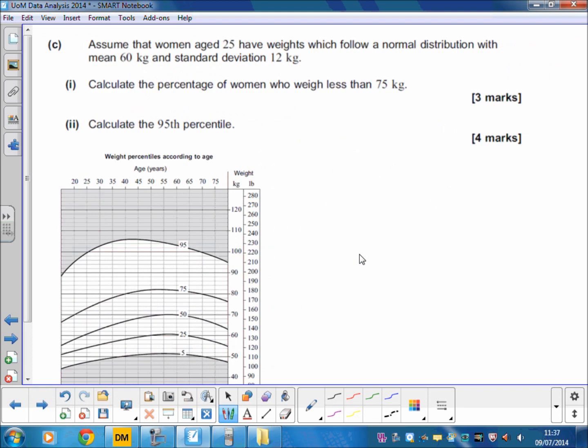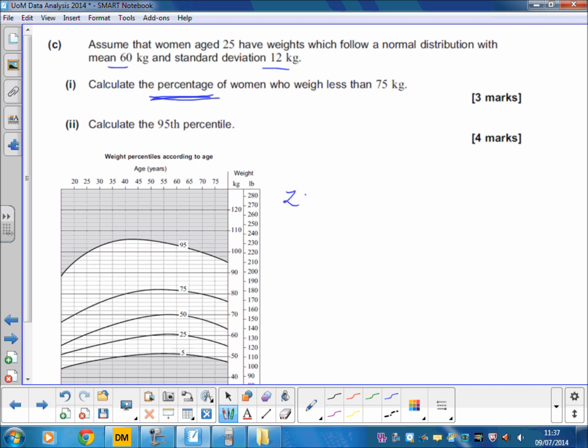Right. Part C now says to assume that women aged 25 follow a normal distribution with a mean of 60 and a standard deviation of 12. And here, first of all, we're going to find the percentage of women who weigh less than 75 kilograms. So, first of all, we need to work out our Z value.